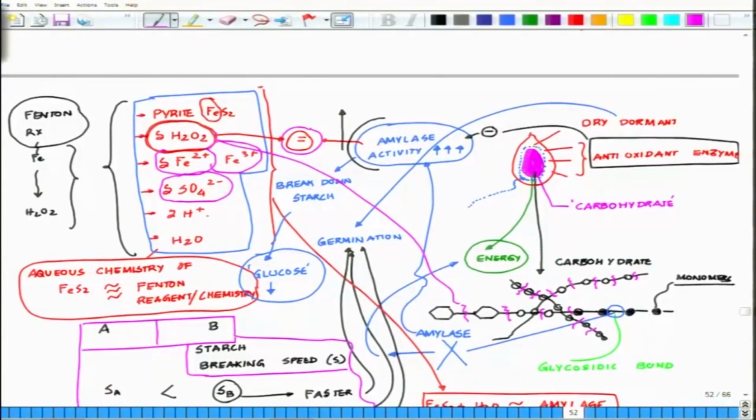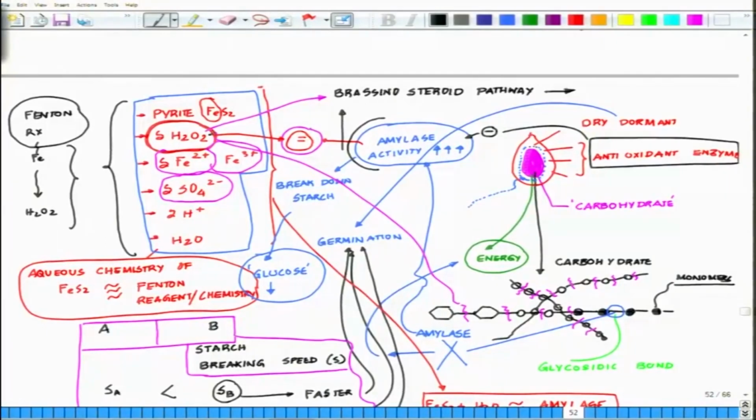This hydrogen peroxide possibly activates a pathway called the brassinosteroid pathway, which promotes faster growth.